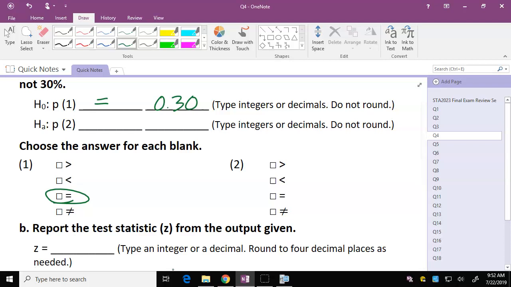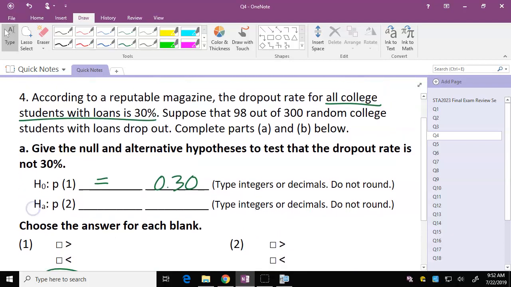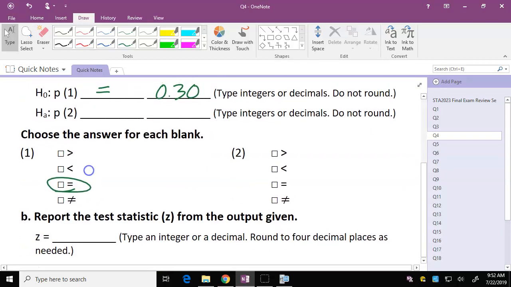So now we get to the alternative hypothesis. If we go back up here, they're talking about that the dropout rate is not 30%. So what would that look like? Greater than, less than, equal to, not equal to? The last one, the not equal to, absolutely. Because we're not asking did it lower or did it increase.